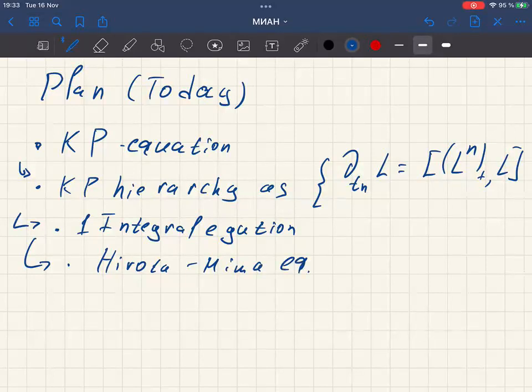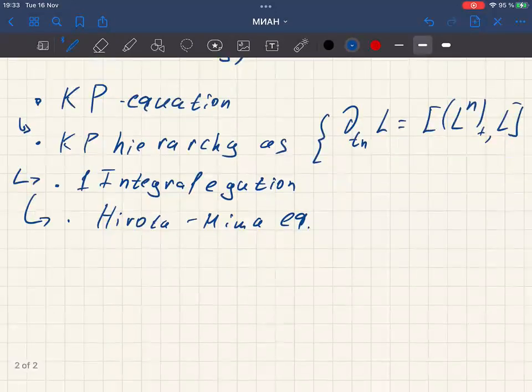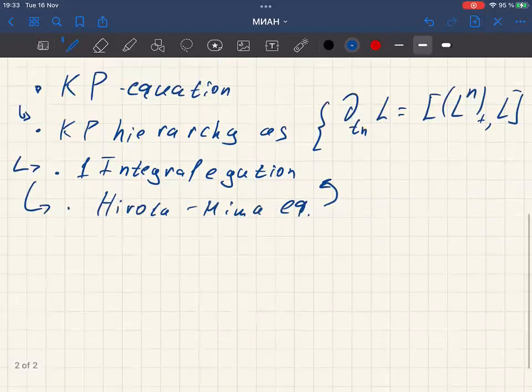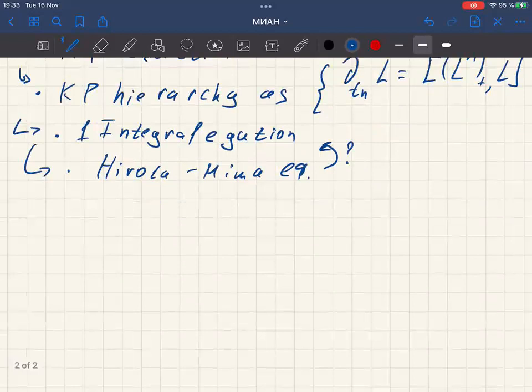This is a difference equation. It can be obtained from the integral equation, and it can be shown that it is equivalent to it. I don't know if I will have time for this, but it is interesting. And this is for today.